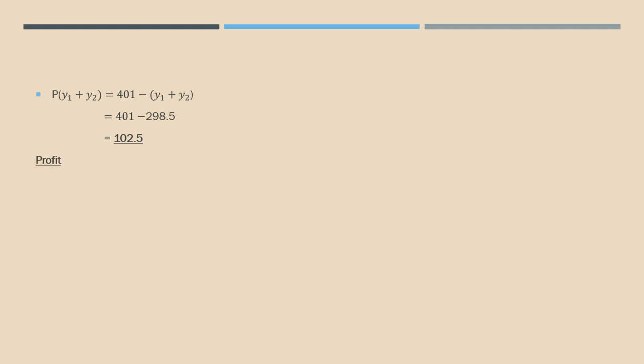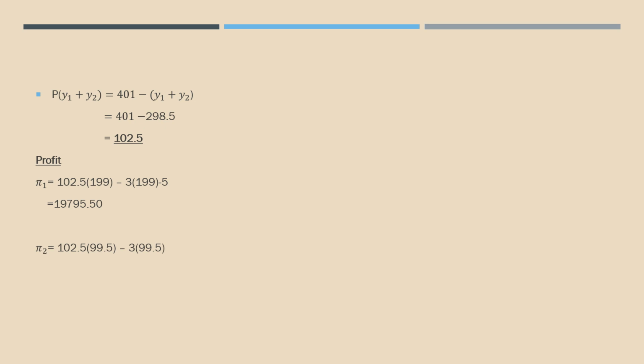Next we are going to determine the profit of each firm. Let me look at the profit of Firm 1. 102.5 is the price times Firm 1's output, which is 199, minus the total cost function, which is 3 times 199 minus 5. I get 19,895.50.